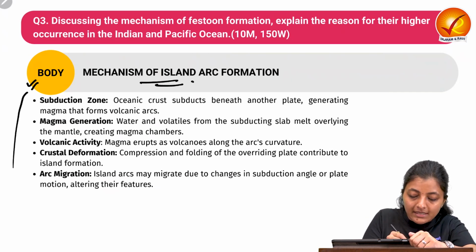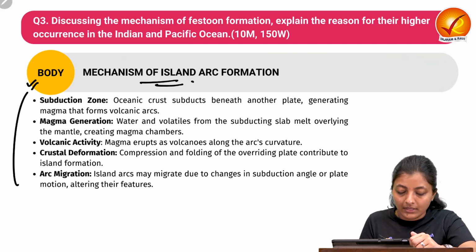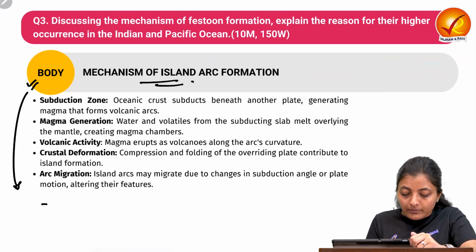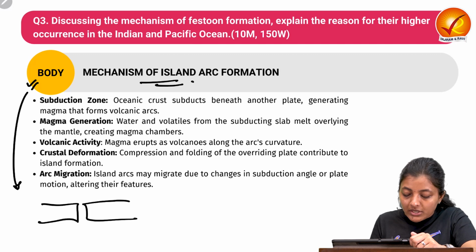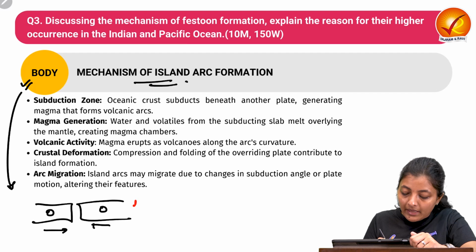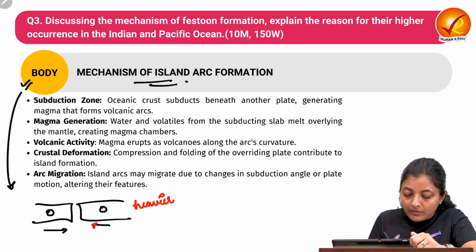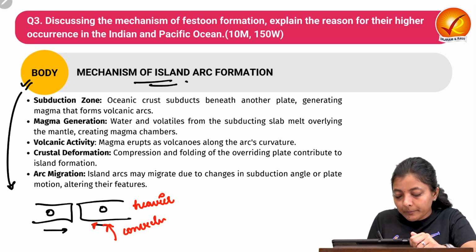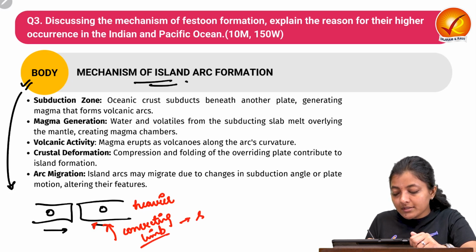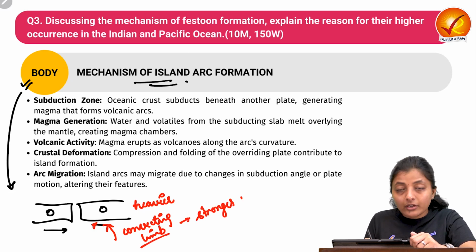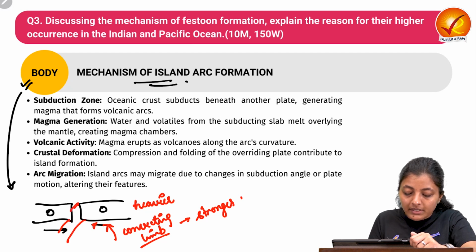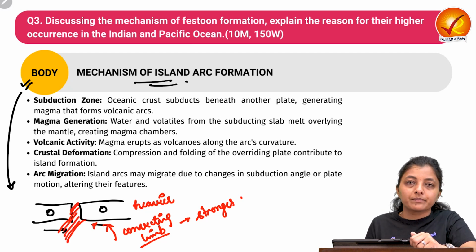Okay, now moving on to the body part, we need to see the mechanism behind this island arc formation. Now let's understand through the diagram. We know that whichever oceanic plate is heavier, or whichever convective limb is stronger, that oceanic plate subducts beneath the lighter oceanic plate.